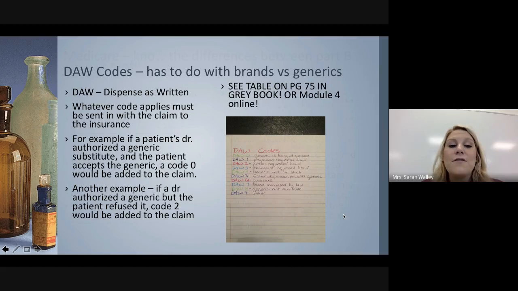But if one of these scenarios happens, say the patient didn't want the generic, but the doctor said the generic was fine, you put that in here, patient requested brand, and you could tell the patient, hey, we're going to send this into your insurance, but the insurance might not cover it because they only want to cover generics. So this is why this is important.